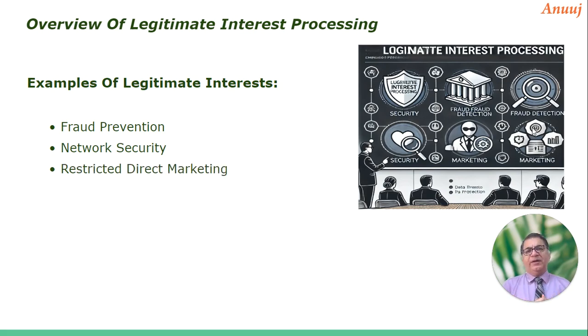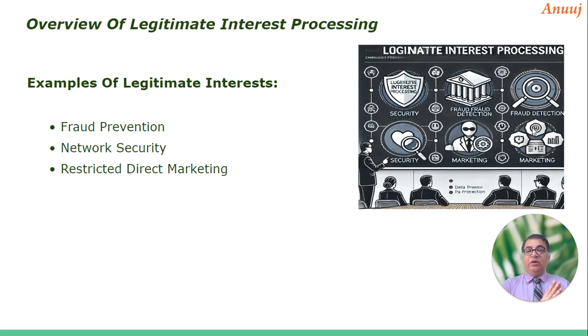Then when it comes to marketing, generally marketing needs consent because it's the user's choice whether he wants to receive many communications from your site with respect to your products. However, in case you are doing direct marketing, very limited and occasional, for the kind of products or services that you know the particular user is interested in, then you can treat it as legitimate processing.